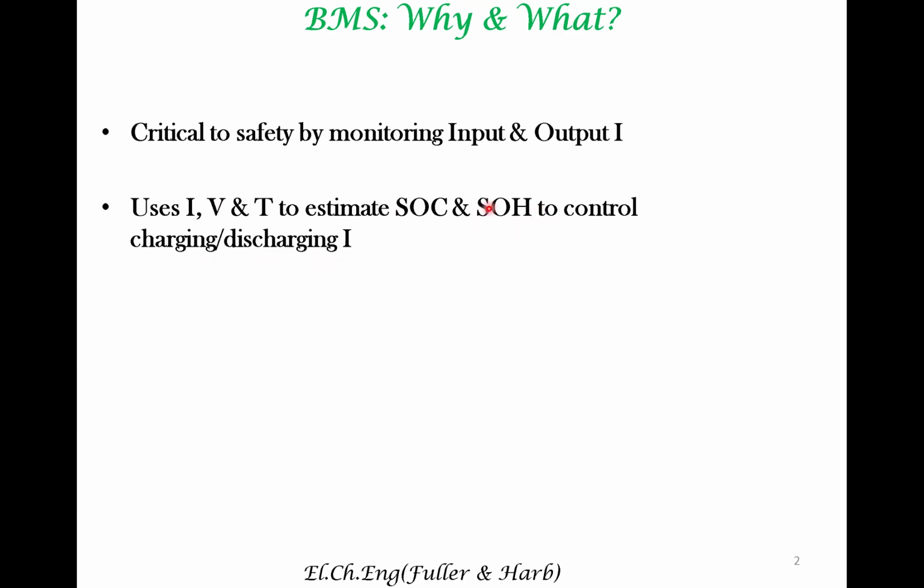We've already talked about state of charge, how that is connected to resistance of the battery and so on. So all these measurements go into estimating this and to control the charging and discharging current. There are a lot of hardware and software that goes into the BMS, and the aim of BMS is to balance the cell.